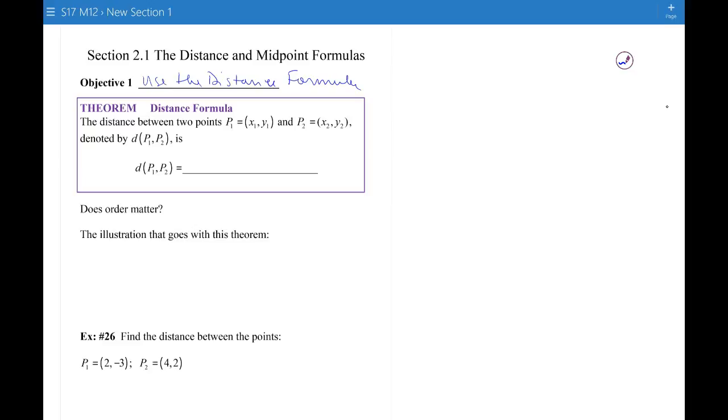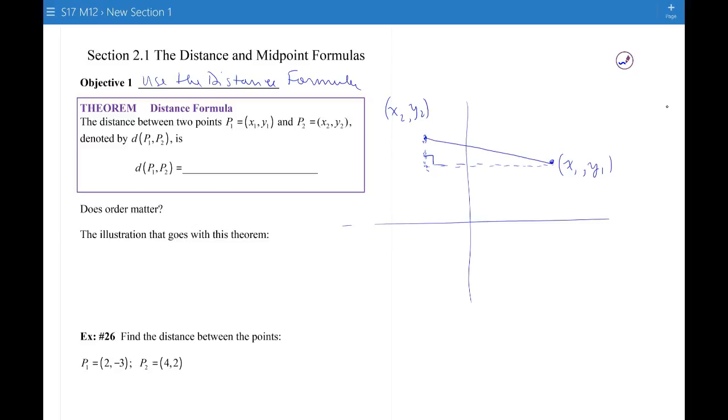The distance formula says if we have 2 points in the coordinate plane that have coordinates x1, y1, and coordinates x sub 2, y sub 2, then to find the distance between them, we imagine a triangle where the 2 points form the hypotenuse of a right triangle.